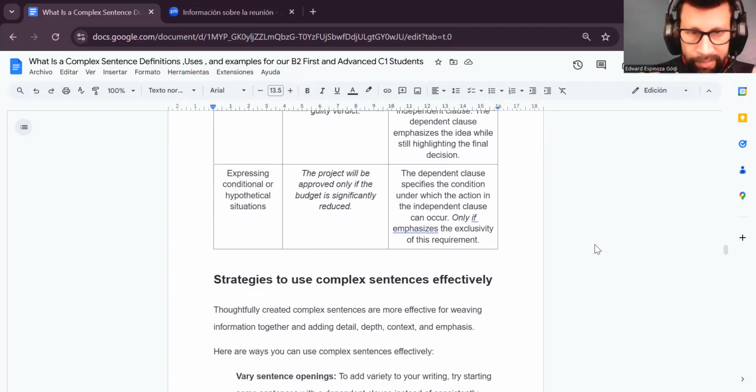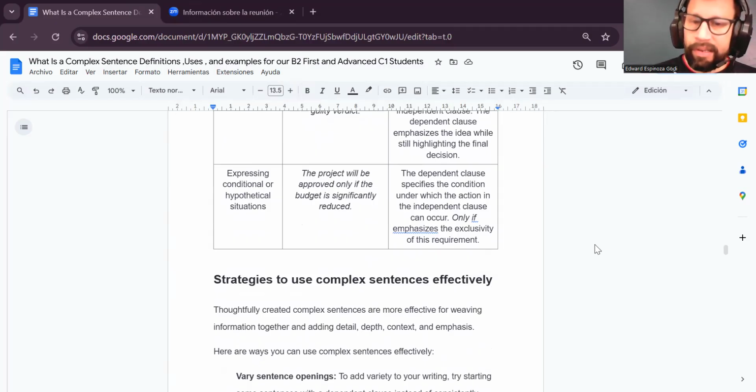Here's another usage that we have of the complex sentences. Expressing conditionals or hypothetical situations. The project will be approved only if the budget is significantly reduced. So what happens here?